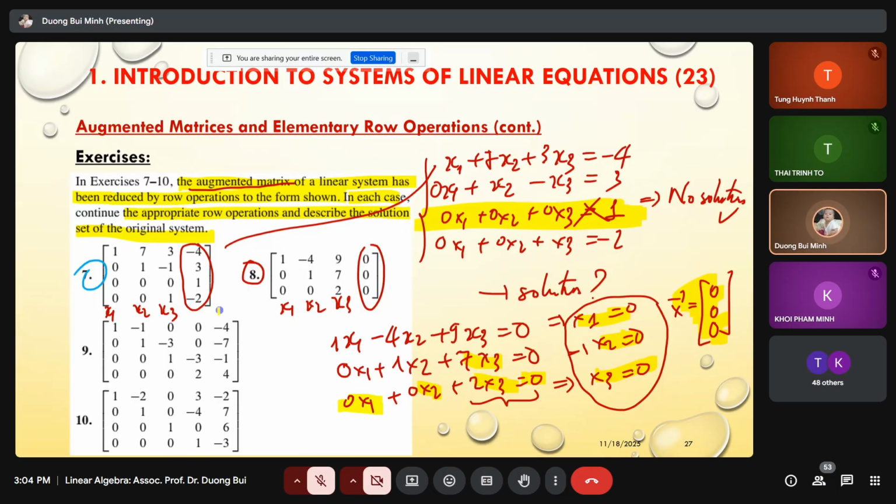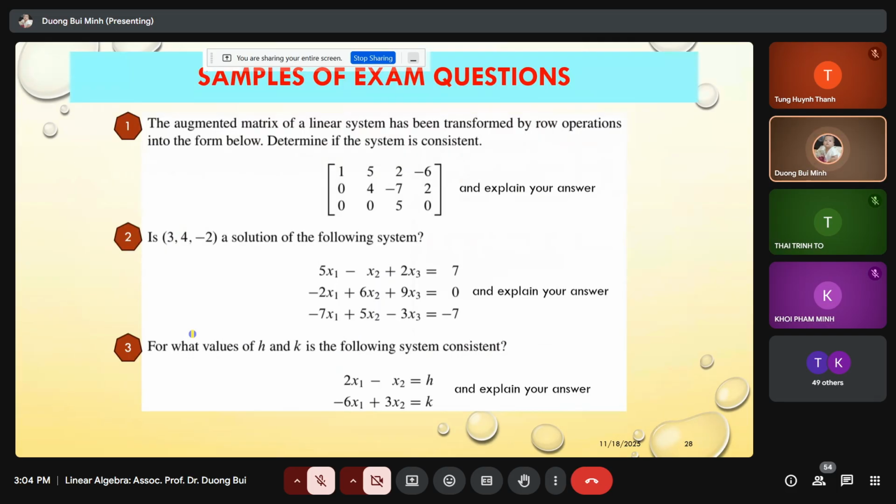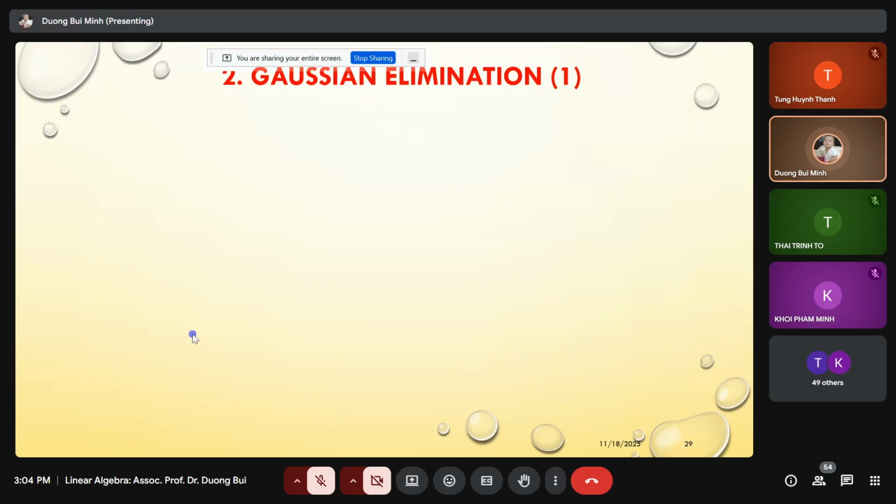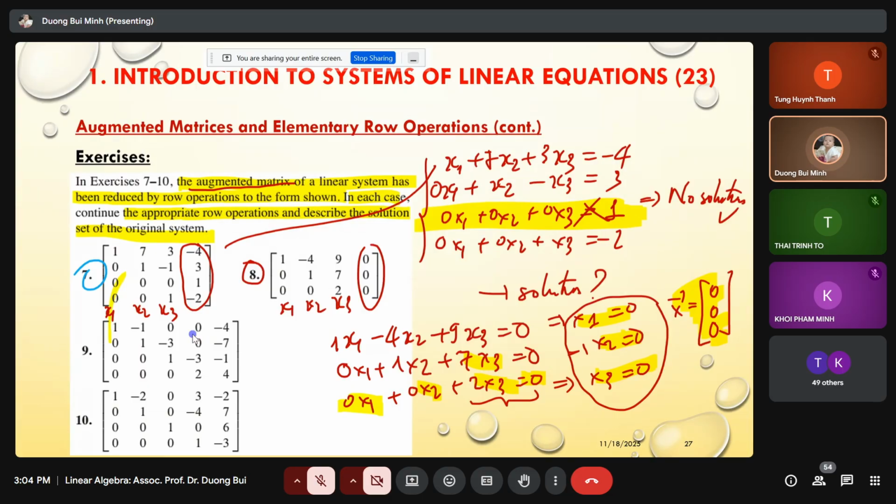And then to continue, for the others, this one is in row echelon form. So how can we recognize we get row echelon form?